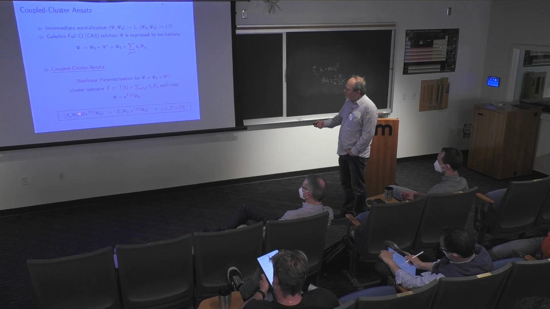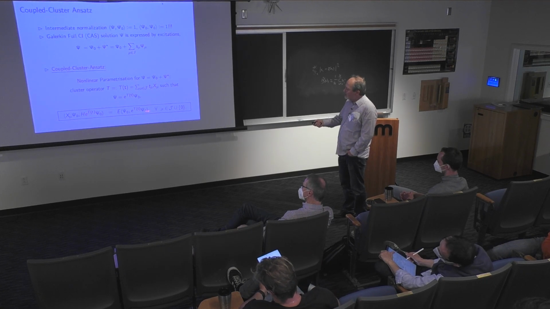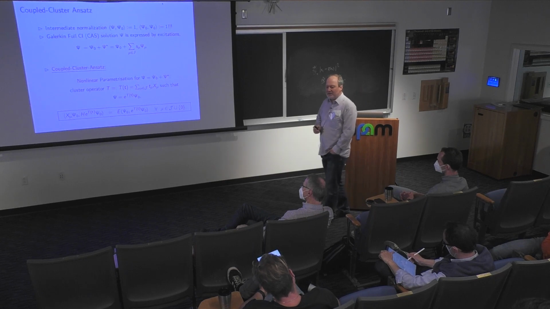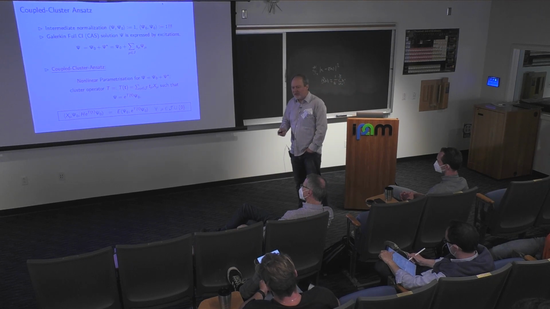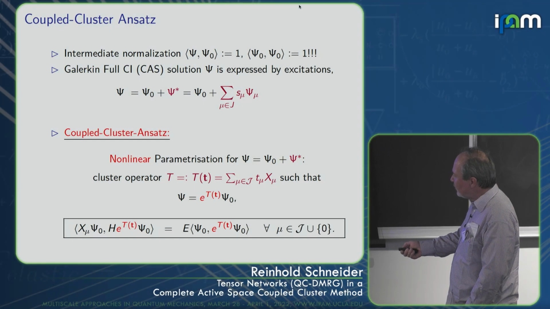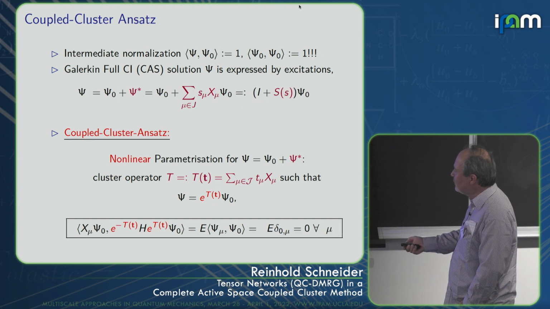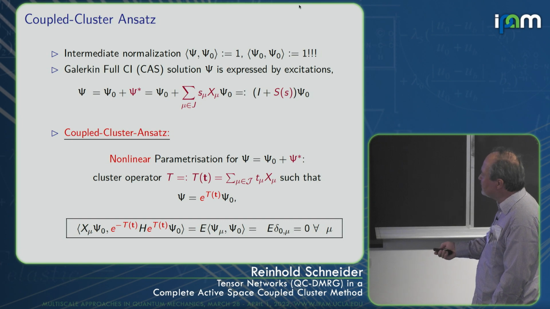So we get a wave function, but now, in order to get a set of equations for so many unknowns as indices, we are projecting on a linear space. The linear space is just the corresponding CI space, that is, the excitations of psi 0, which I call psi mu.